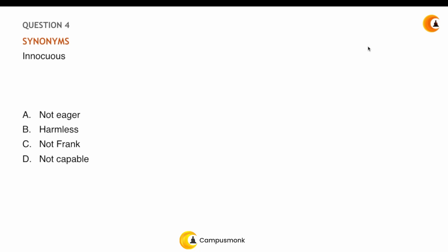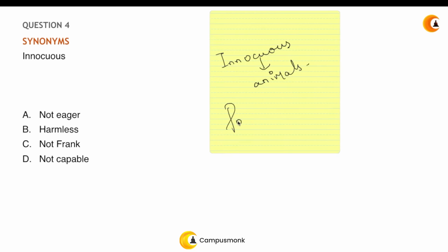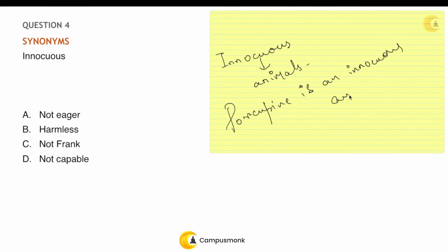Okay. Now, innocuous. This generally is a word that is used along with animals. Suppose I say porcupine is an innocuous animal. What does this statement mean? Innocuous.